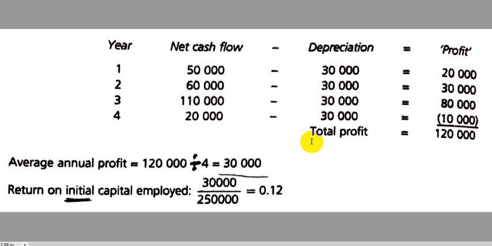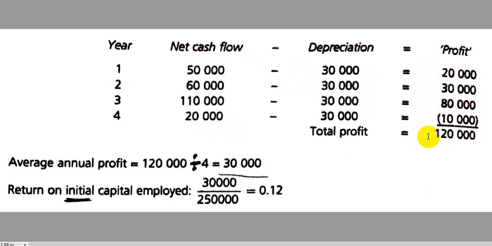Here 4 years, and the initial investment is 200,000 and the scrap value is 80,000, so we have here 120,000 to be depreciated on 4 years using the straight line method. So each year will have its part of 30,000 to be deducted from the net cash flows of the project for each year in order to get the profits for each year, like we can see.